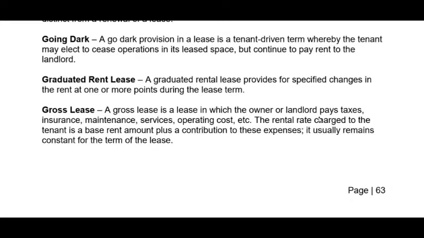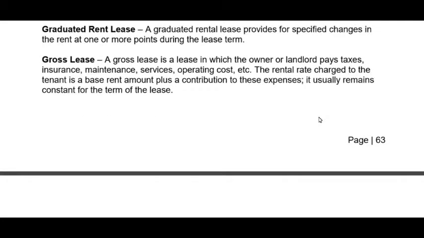Going dark. A go dark provision in a lease is a tenant-driven term whereby the tenant may elect to cease operations in its leased space, but continue to pay rent to the landlord. Graduated rent lease. A graduated rental lease provides for specified changes in the rent at one or more points during the lease term.